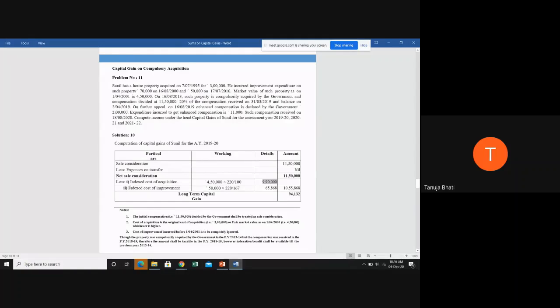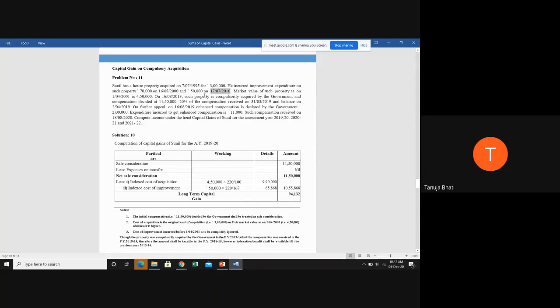Next, cost of improvement, we know it is 50,000 into, again, indexation benefit is available only up to the year of compulsory acquisition. So 220 divided by the CII of the year of cost of improvement. What is the year of cost of improvement? 2010.